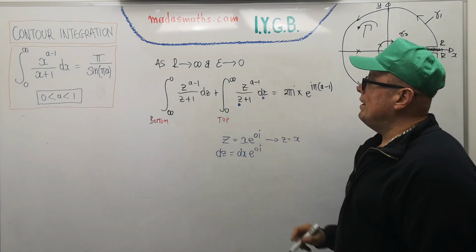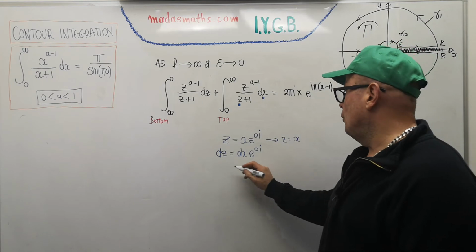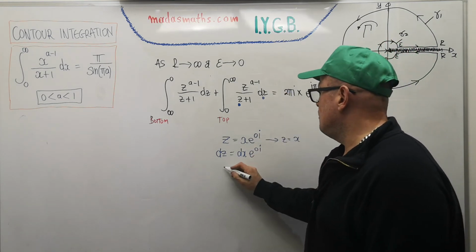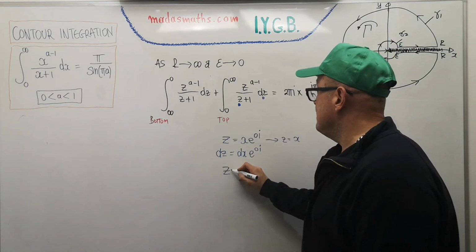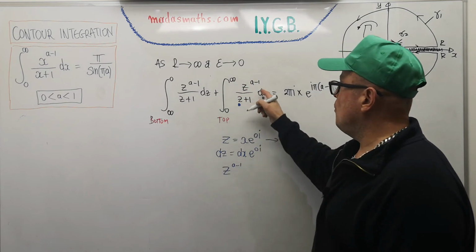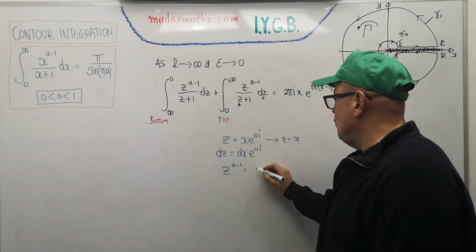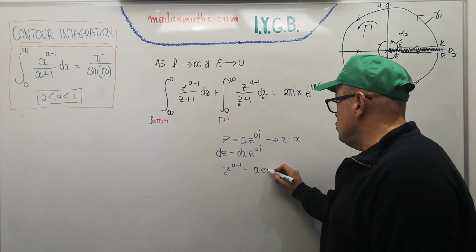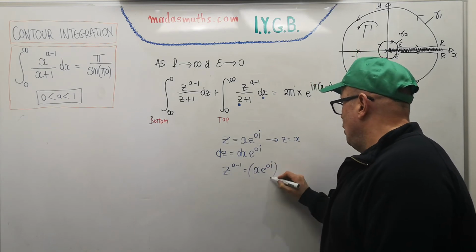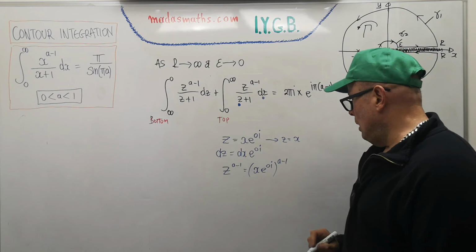Does it matter on this one that has a fractional power? Let's have a look. If we go on the fractional power, we can say z to the a minus 1. That's the tricky one that normally causes the problems. You're putting, of course, that is your z, so that's x e to the 0 i, all to the power of a minus 1.